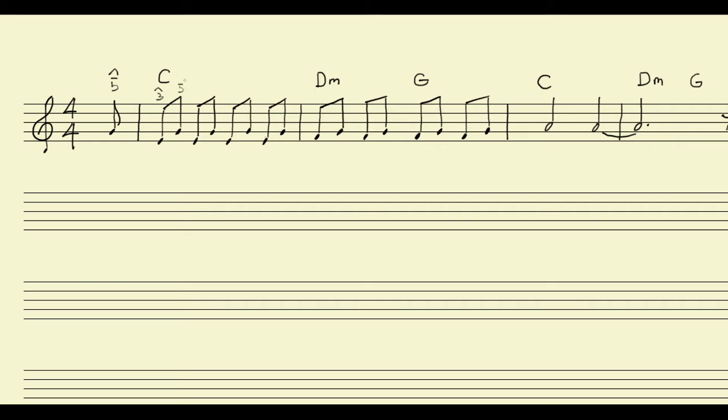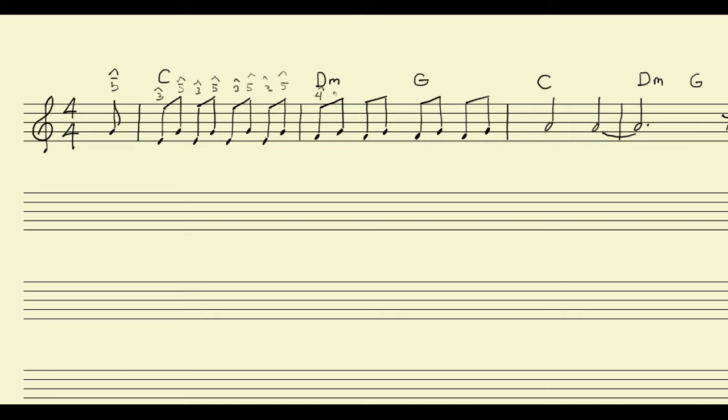Then back to 5, 3, 5, 3, 5, 3, 5. We know that. Then we go to the F, which is 4.